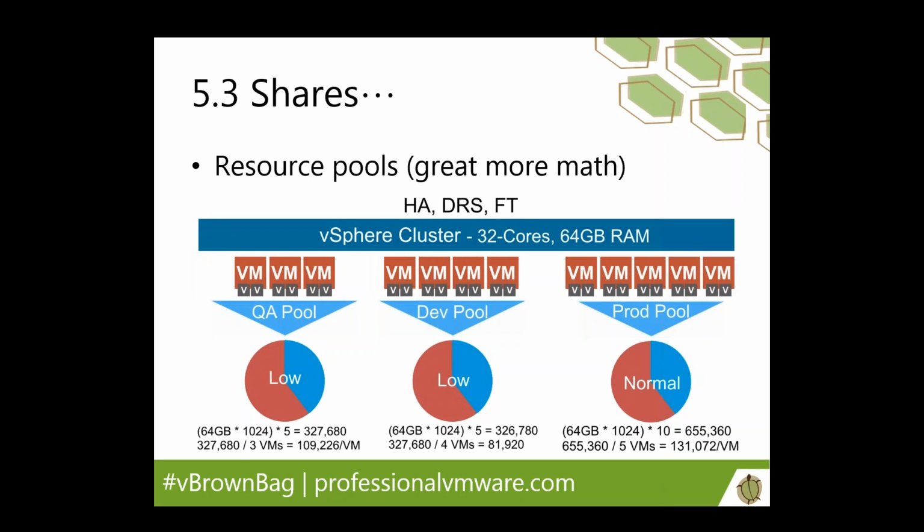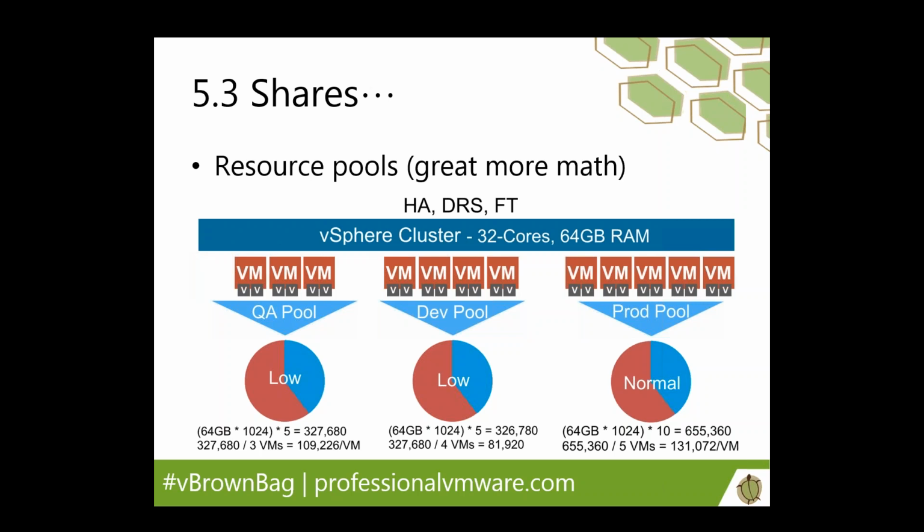So 64 times 1,024, times 5, would give me 327,680 shares of memory, which is pretty swell. I've got 3 VMs in that pool, so those VMs have access to 109,000 shares of memory.